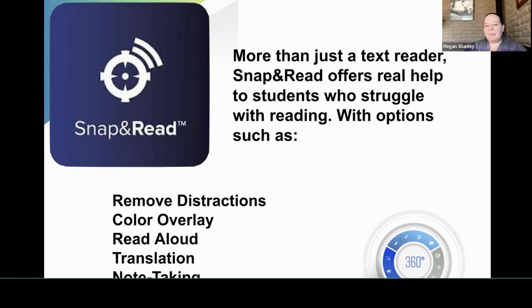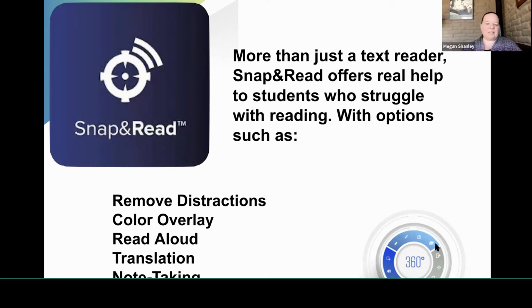So here we have Snap and Read, the first one we'll talk about, to give kids an option for how they access text-based materials. We often lock them into paper and pencil tasks, but often with either attention issues or difficulty with reading or different language access, we need a way to get that information into our system and focus on the task at hand.